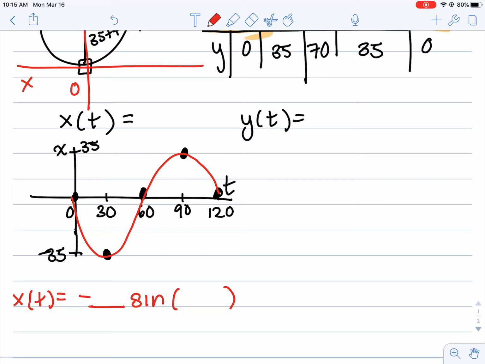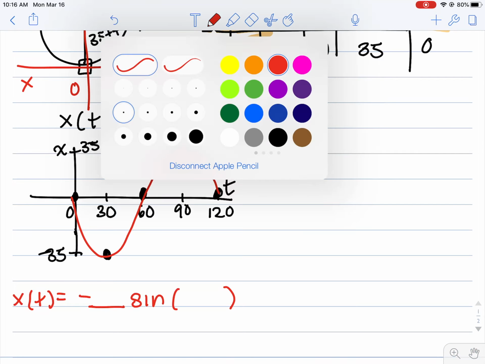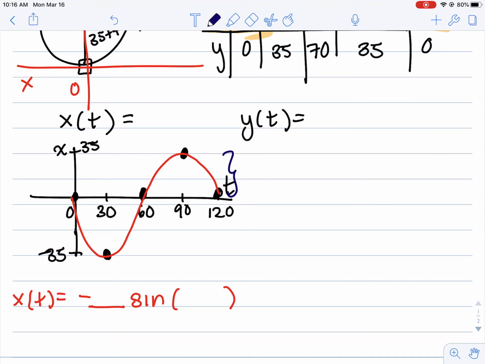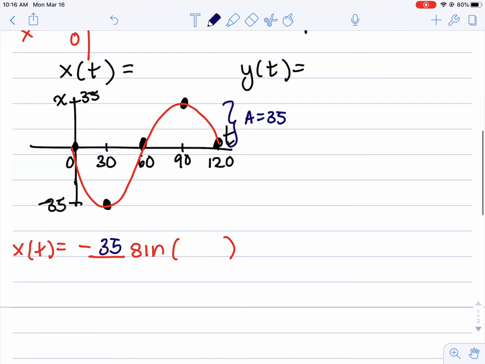All right, so then let's write an equation for a sine graph. We've done this before. We start with our a value, our amplitude. And then our b value is determined by the period.